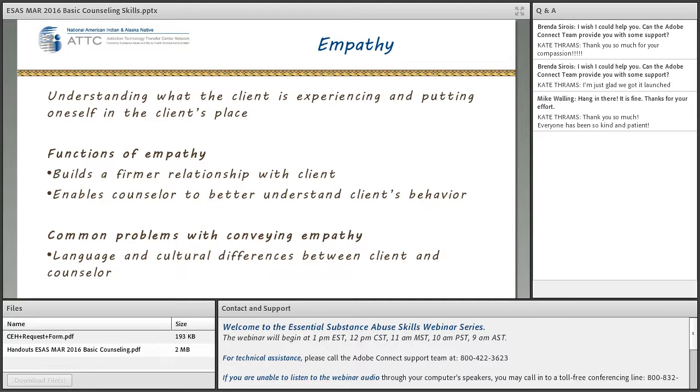The functions of empathy: it builds a firmer relationship with the client, and it enables counselors to better understand clients' behavior. The common problems with conveying empathy are language and cultural differences between client and counselor. We'll talk a little bit more about that in the upcoming slides in regards to cultural differences.